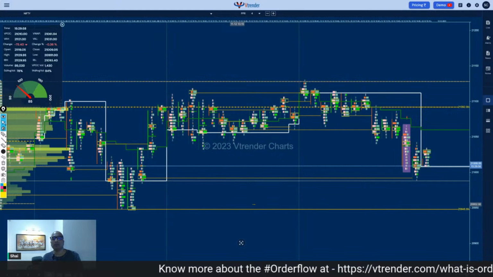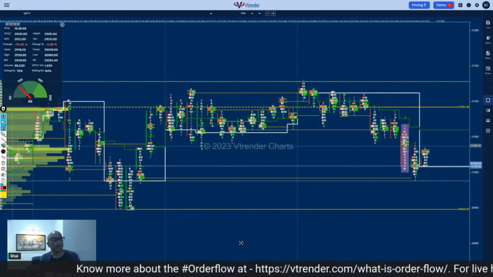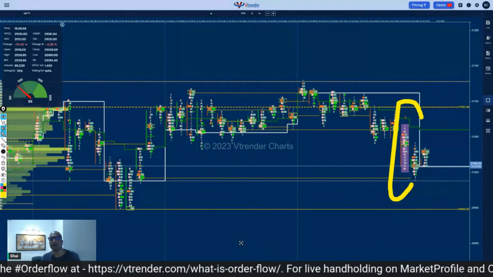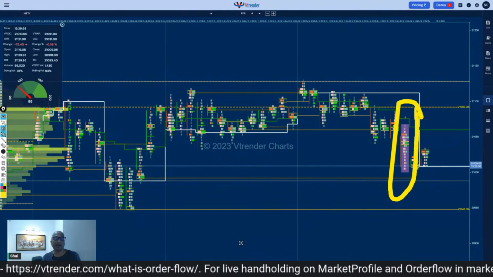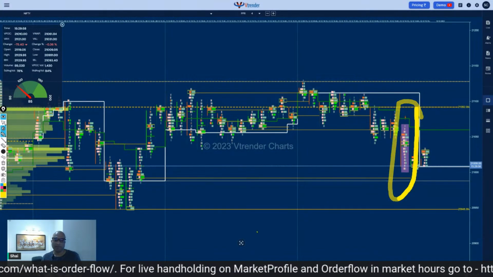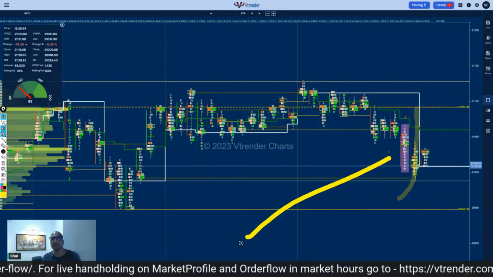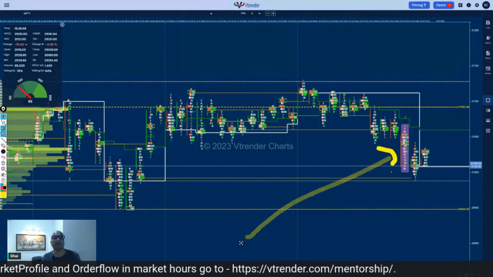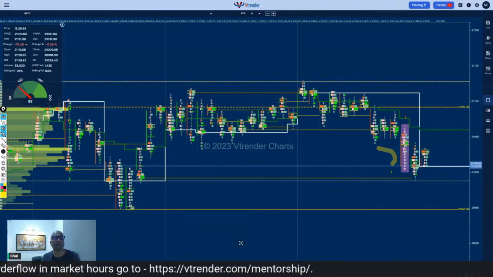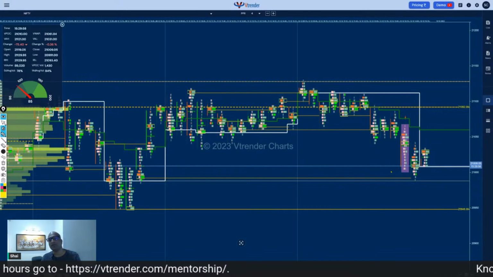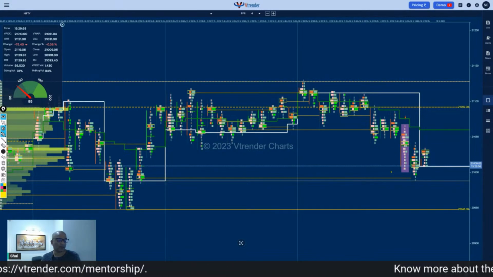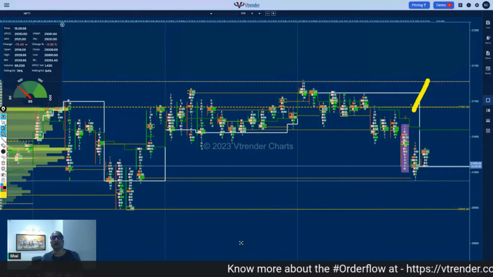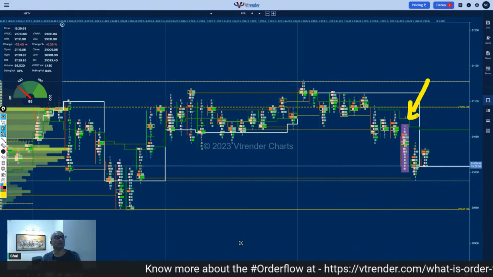This purple, which is on screen, is your initiative seller of today, IS, market orders, supply side. And I'll be quick to tell you that this IS bar is the first IS bar we have seen in the Nifty futures in the past 1,000 points. From the time we started this December series, this is the first initiative seller who has come in the Nifty futures.